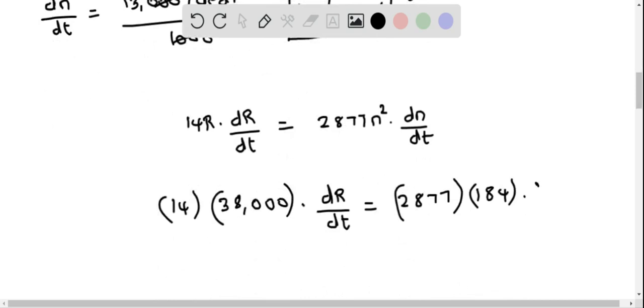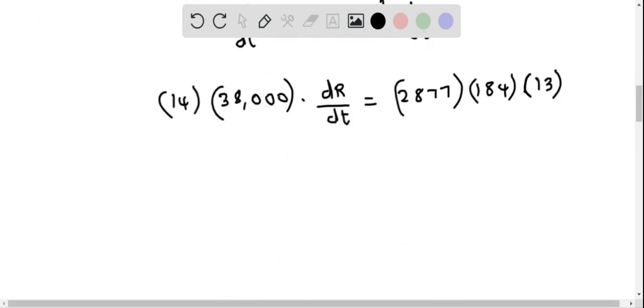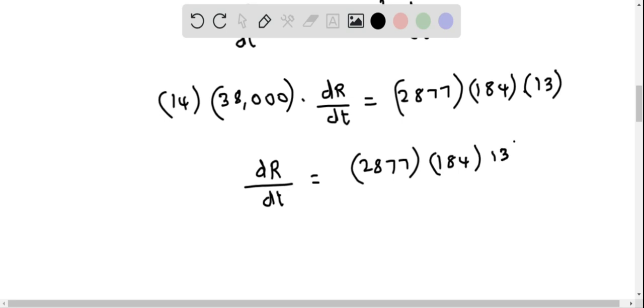So I multiply this by 13. Now we can solve for dr/dt from this equation, that is dr/dt equals 2,877 times 184 times 13, over 14 times 38,000.